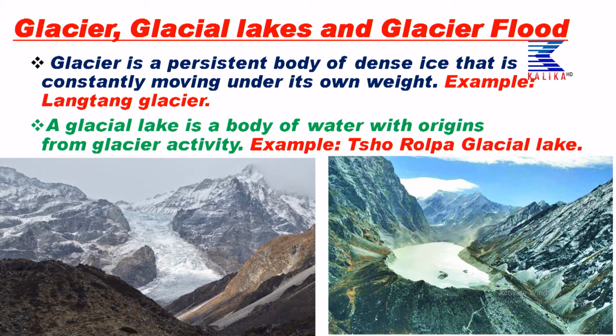Normally the lake is frozen most of the time, but it melts in summer or when the temperature increases. For example, Chorolpa Glacial Lake of Nepal. The first picture is the Langtang Glacier of Nepal, and the second picture at the right is the Chorolpa Glacial Lake of Nepal.